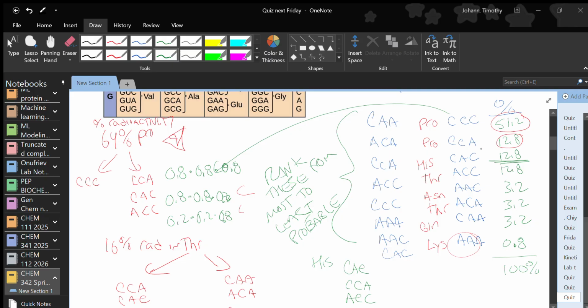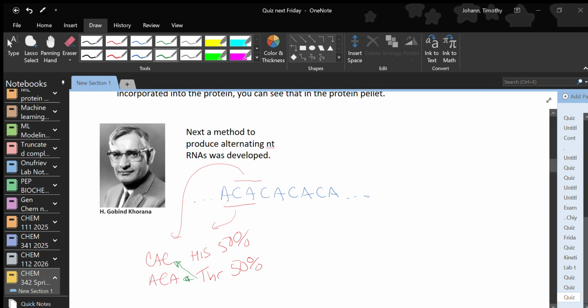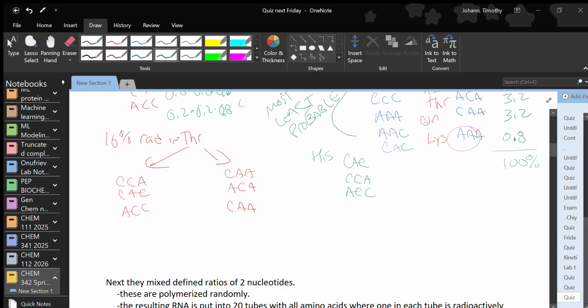So that means it has to be one of these three. But now we did an experiment down here where we said histidine is either CAC or ACA. Is ACA one of our choices here? No. So that tells us that histidine is this one, CAC, right? And now we know that threonine is not CAC, so it must be ACA. So we just got two more.